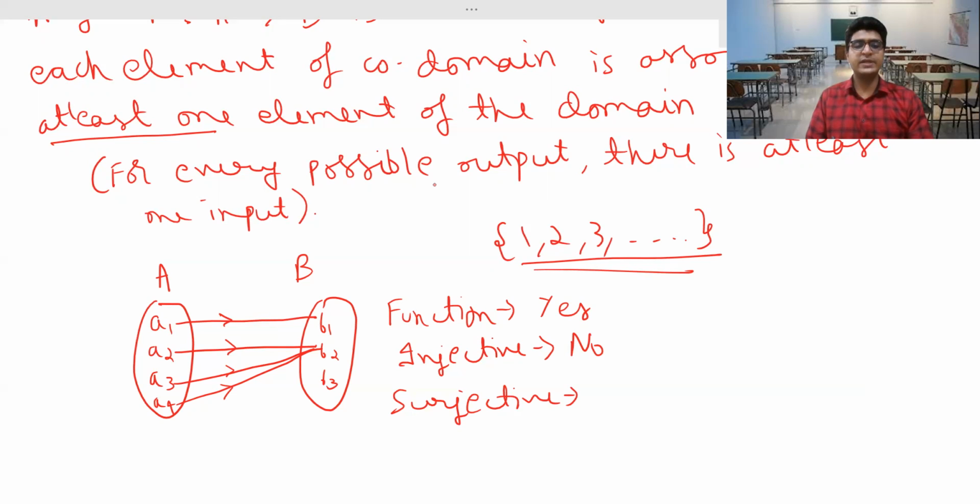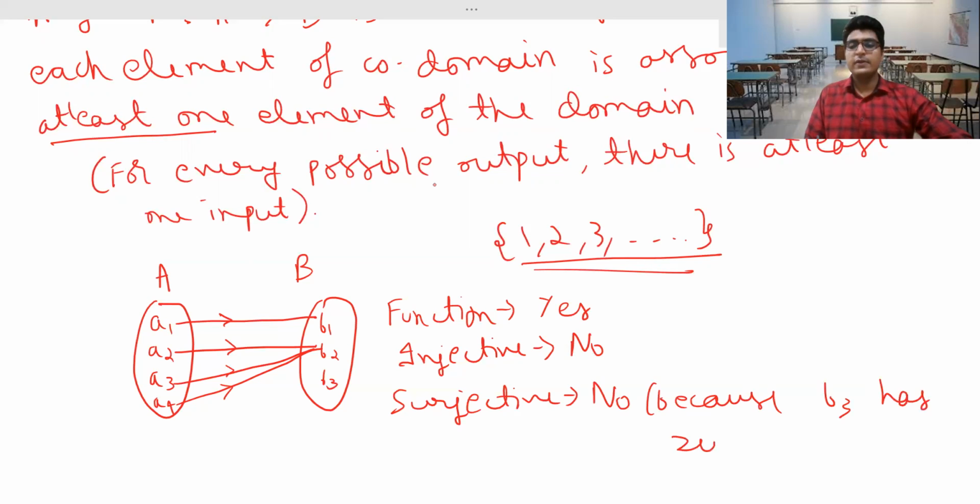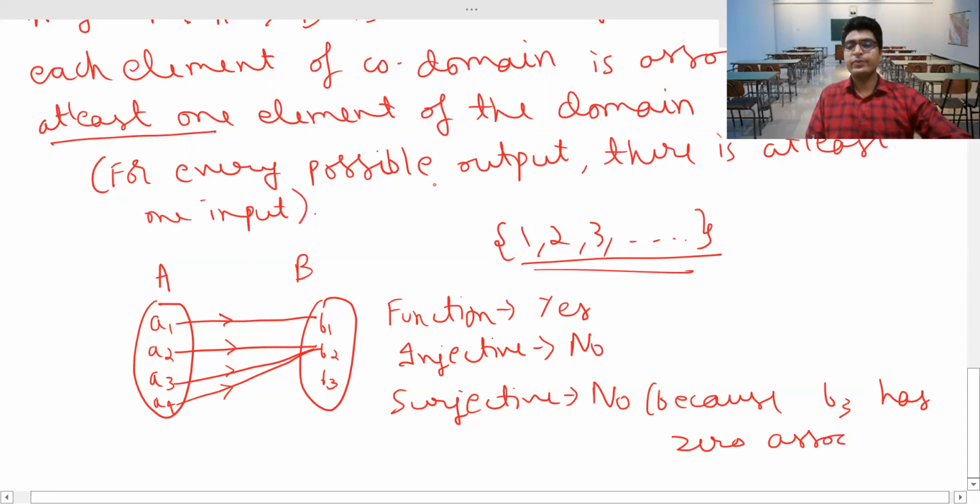So since B3 has no association, that makes it not surjective, because B3 has zero associations. Or you can say that for B3 we don't have any element in domain set. All right.